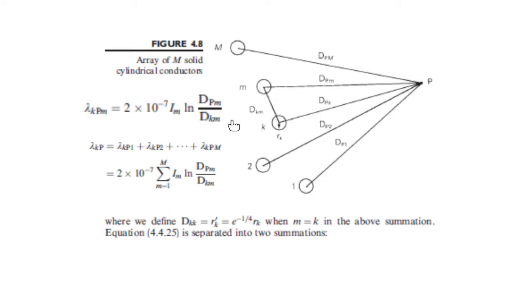On K. What does this mean? It means, what is the flux linkage of conductor K? The effect of what? Of conductor M, because we have a number of conductors. What's the effect of conductor M on K, which is another conductor, from a distance of P?